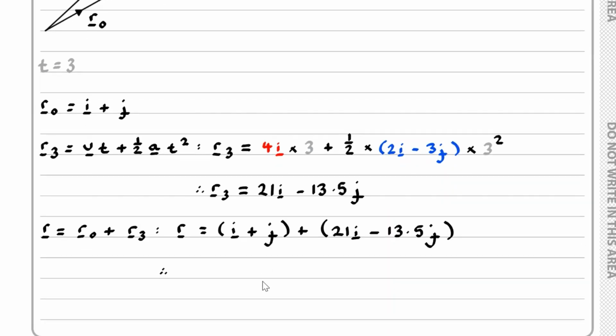So therefore r is equal to 22i minus 12.5j.